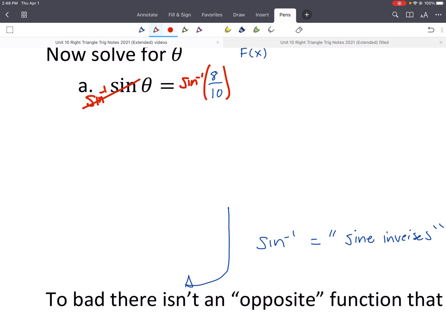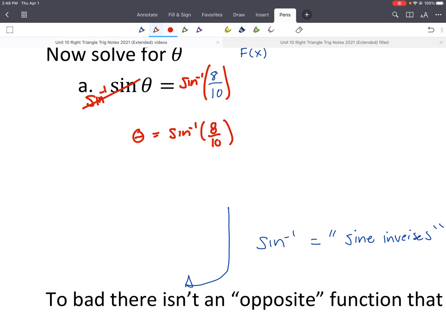Well, they are inverses, so they cancel out. All right, and that just leaves us with theta. Theta is equal to sine inverse of 8/10. And you can plug that into your calculator and you'd get your answer. So let me grab that on mine.